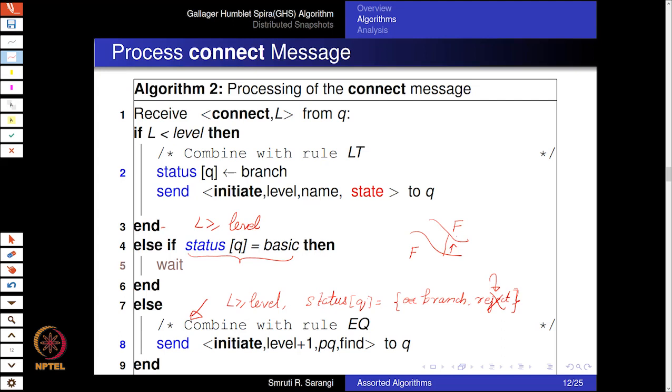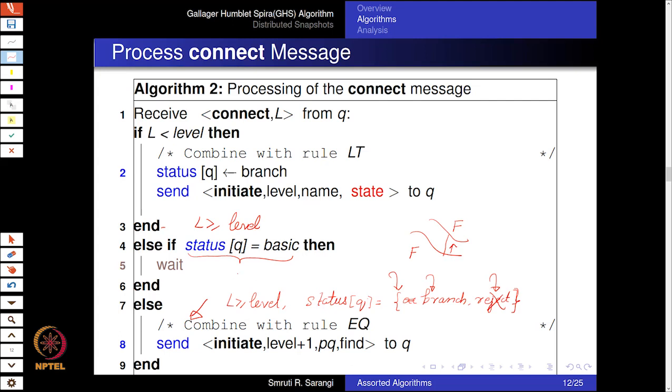But since a reject has been received, there is no chance that a connect message will be sent on the same edge, because it means that both the nodes are a part of the same fragment. So reject is not possible. This means that the status of the edge has to be branch, which means that from the point of view of both fragments, it is their least weight outgoing edge.